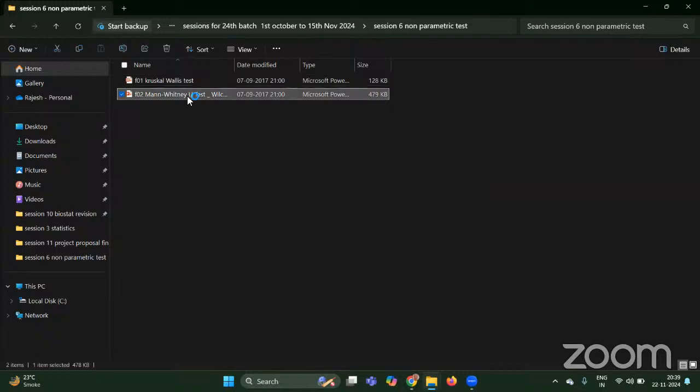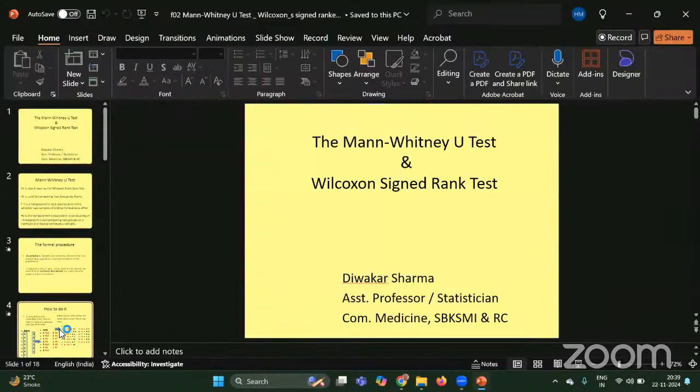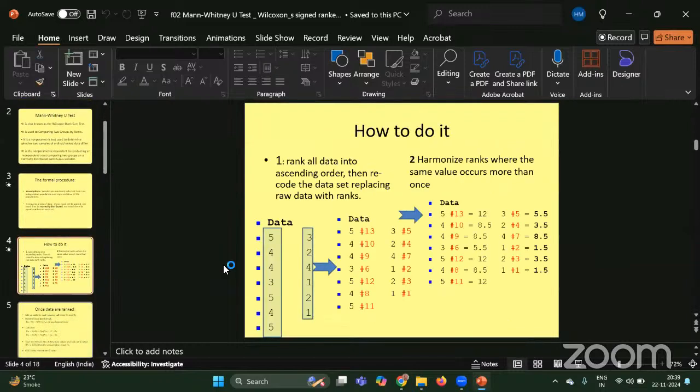Then Mann-Whitney test. In this case, you have a very small data and there is nothing like a mean you need to find. A rank is given between the two samples. Samples are very small.